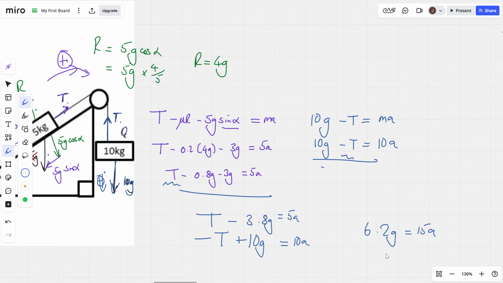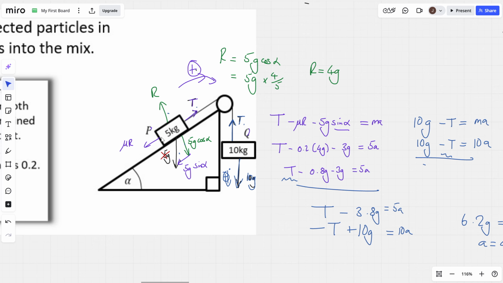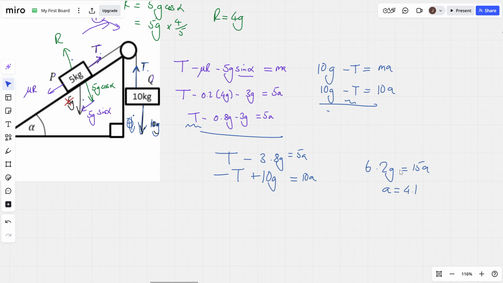And then the acceleration you'll get will be 4.1. You might remember doing something similar in year 12. The idea is that if you do one equation with T minus, or minus T, and then the other way around, if you add them together, you get this pretty neat result. Then once you have this acceleration, you just sub it into another equation.